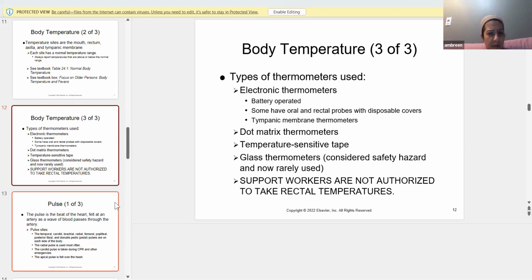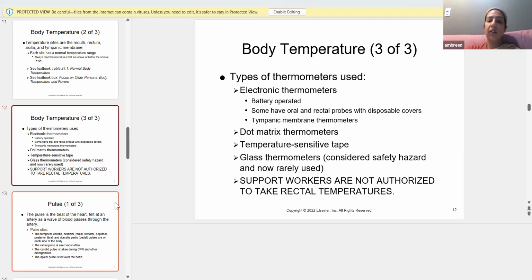Dot matrix thermometers. You have seen nowadays we always use the ding ding ding one. It gives you a temperature. During COVID, if you see family members going in, they first check the temperature of the person. Temperature sensitive tape. Glass thermometers are considered a safety hazard.